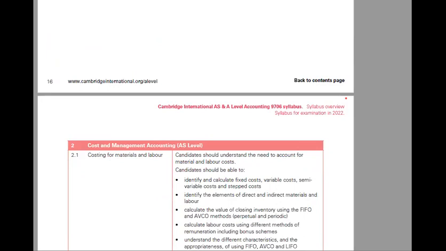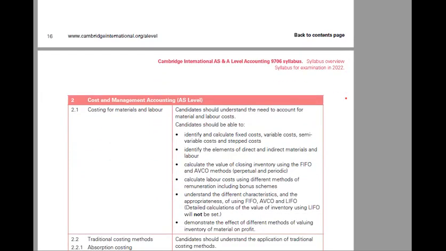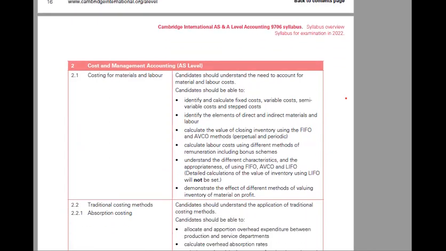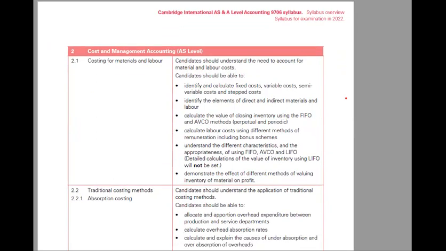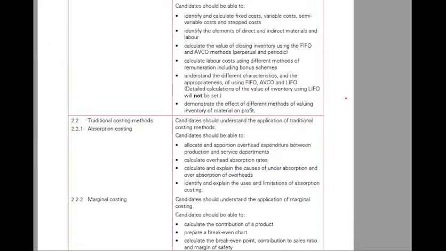Now come to the next part, which is cost accounting, from where a structured question comes. We have MCQs and structured long questions. One structured long question for 30 marks will come from here, where we cover average cost, LIFO, FIFO. These are the methods of valuation.